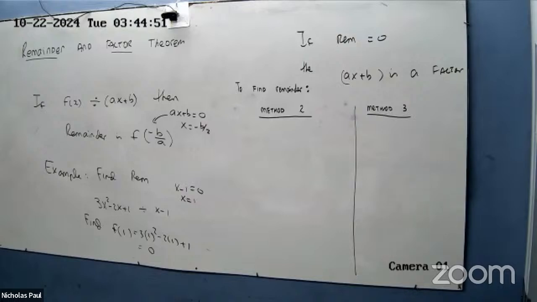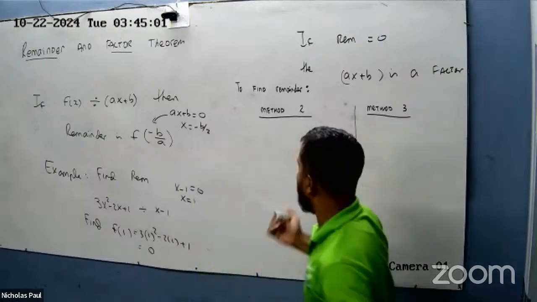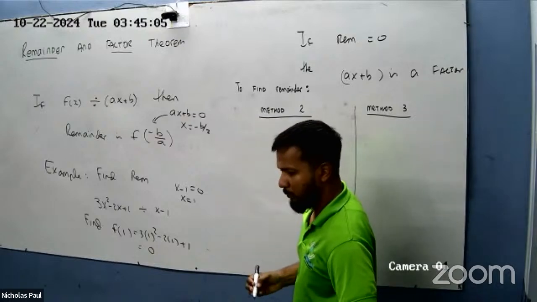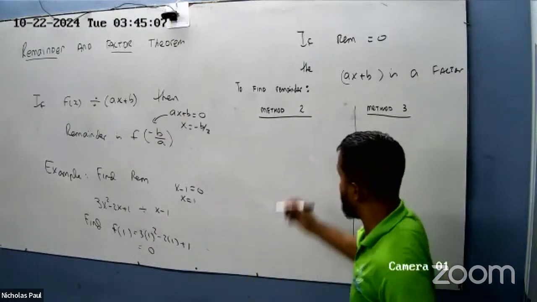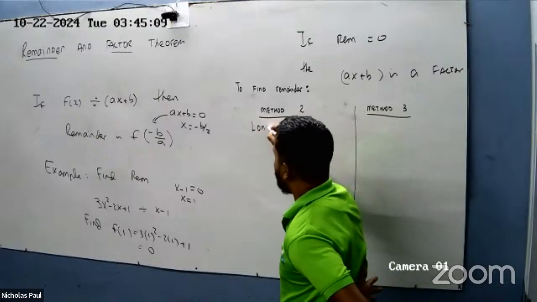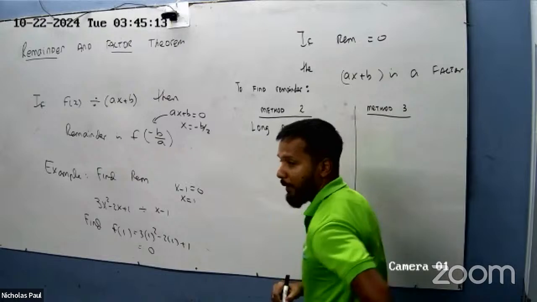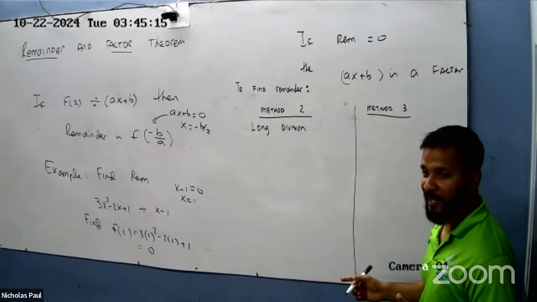Ready? So I want to show you 2 other ways to get that same value. Method 2 is called long division. I'm going to show you how to long divide and get that same thing.